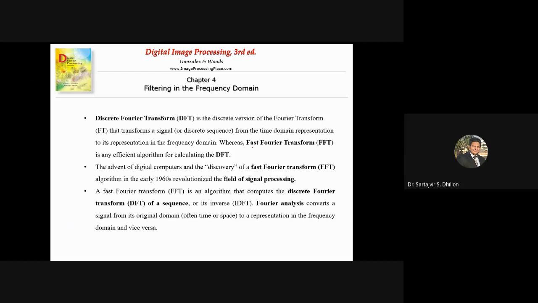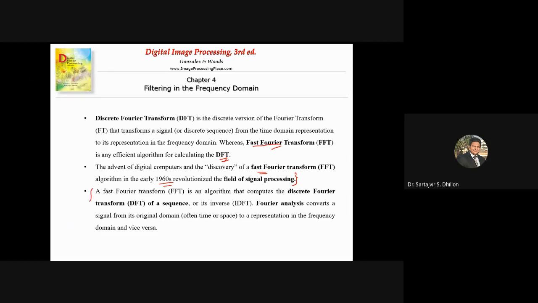Whereas the fast Fourier transformation is an efficient algorithm for calculating the DFT, discrete Fourier transformation. Now, the fast Fourier transformations came into existence in the early 1960s, and they have made a significant contribution in the field of signal and image processing.